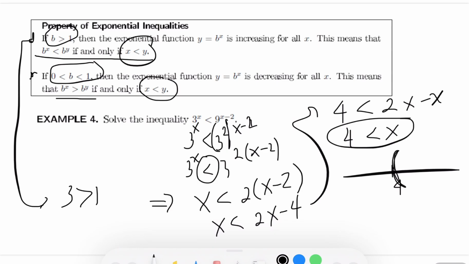So let's use a parenthesis, and this is our shaded region. So in interval form, parenthesis, 4 to positive infinity. Okay? Next.